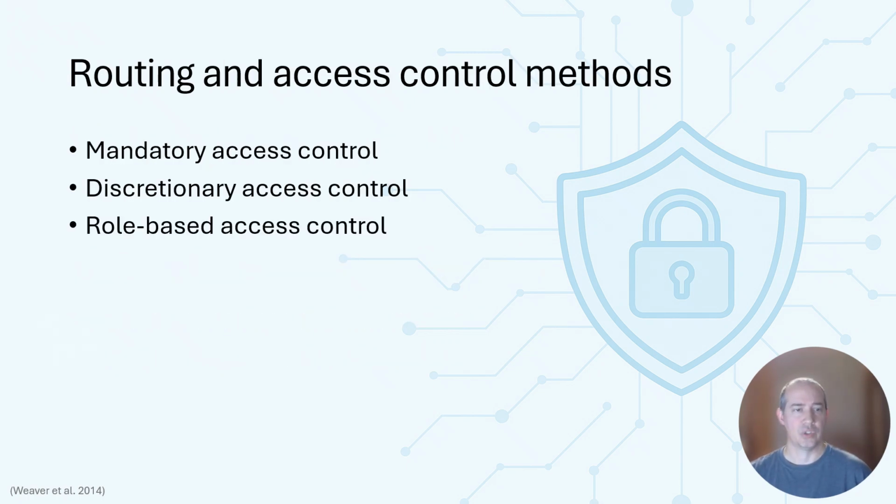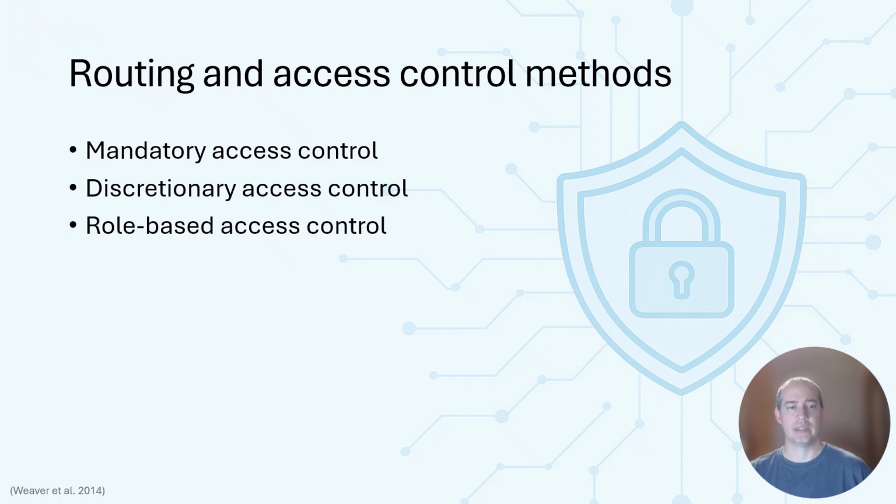Routing and access control methods, finally. So we have mandatory access control, where the access is predefined. You can use discretionary access control, where the network user can decide who to share info with, which is more flexible for the users but less secure.